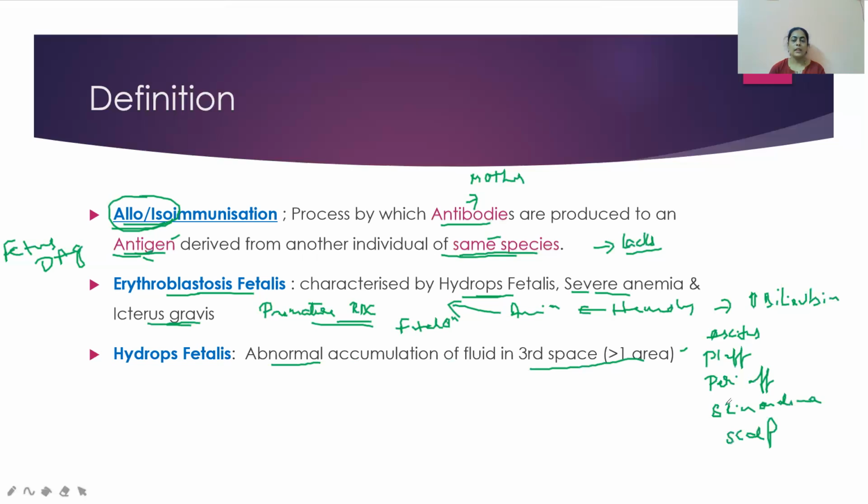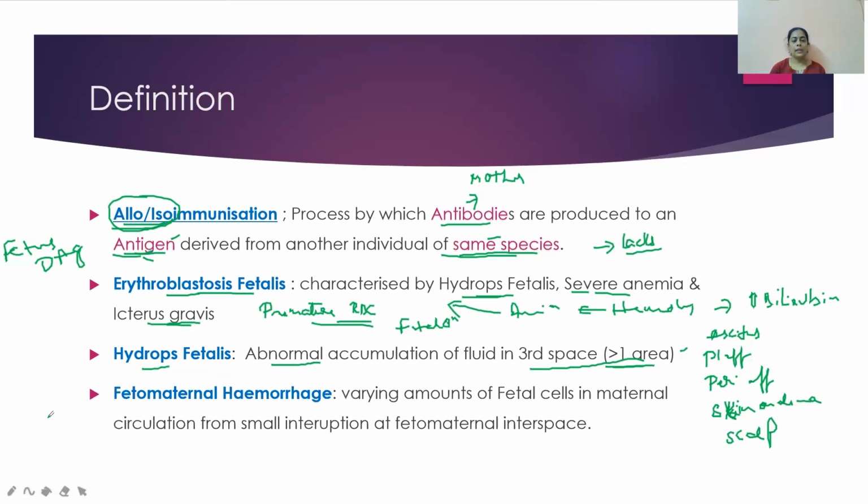So these are the areas where the fluid gets accumulated. If there are two areas, for example ascites and skin edema, then we say the patient is having hydrops fetalis. Or pleural effusion with ascites also. The idea is that more than one area, two or above, should be involved. Fine. So this is hydrops fetalis.